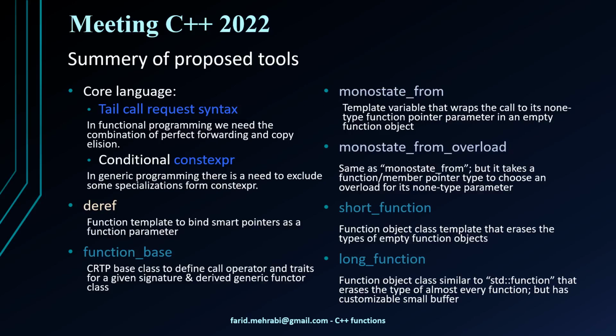We can use monostate from overload instead of the monostate from in cases where we have an overloaded function or member function, and we can disambiguate the overload using the type of the function pointer as the first argument to the monostate from overload and the name of the function pointer as the second parameter, and we won't need to use the casting syntax.